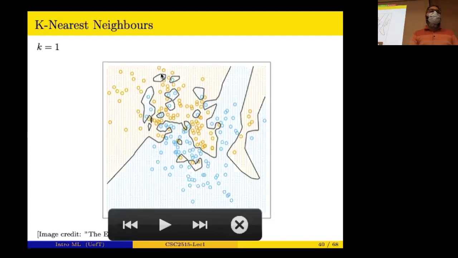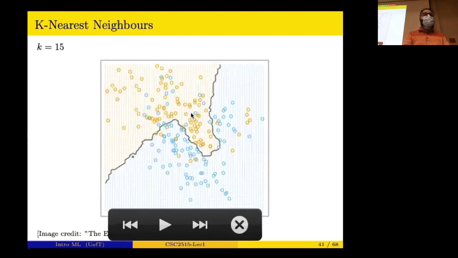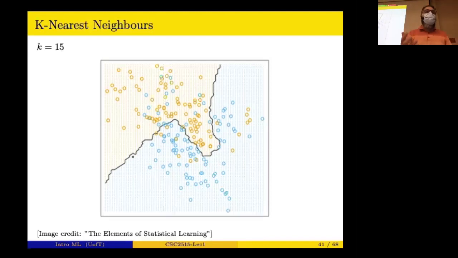If you use K equal to 1, this neighborhood would be called blue. But as we increase K to 15, you see that the decision boundary becomes much nicer and smoother. Even though there are some red and blue points here, for any point here, the majority of the closest 15 would still be orange.